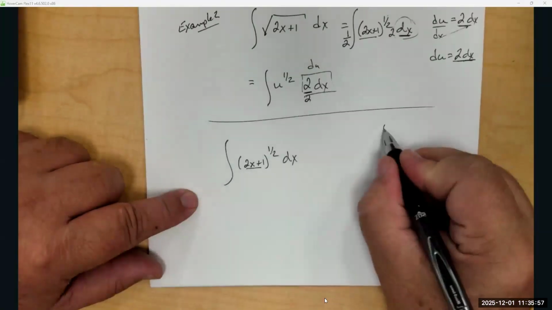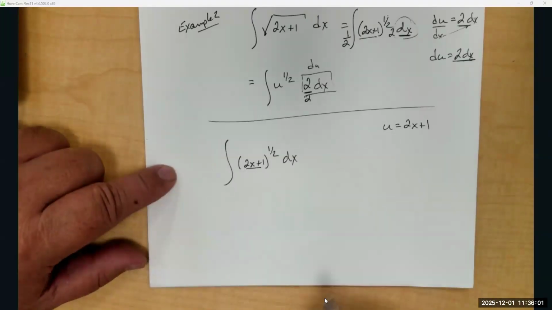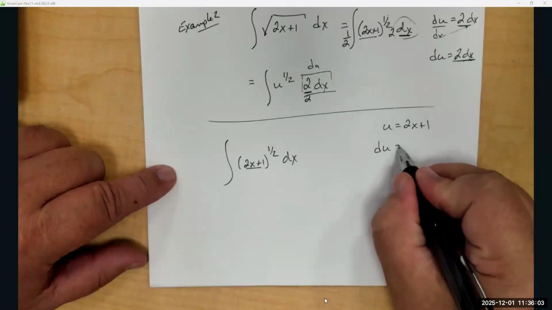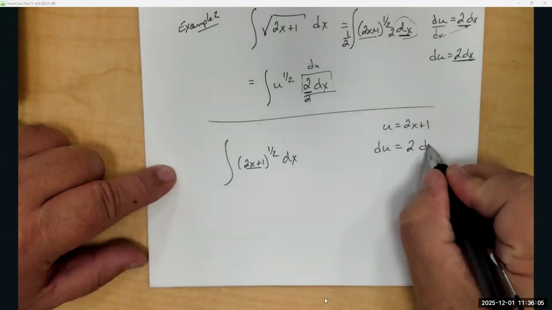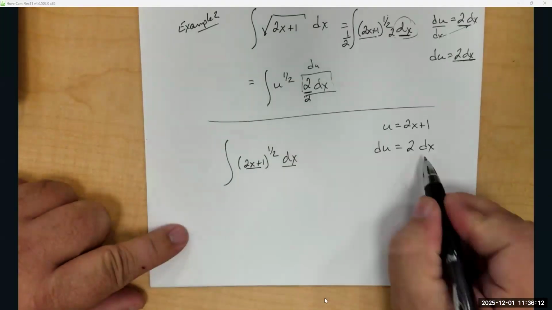The internal function is u. The derivative of u is 2 dx. Here's the dx.